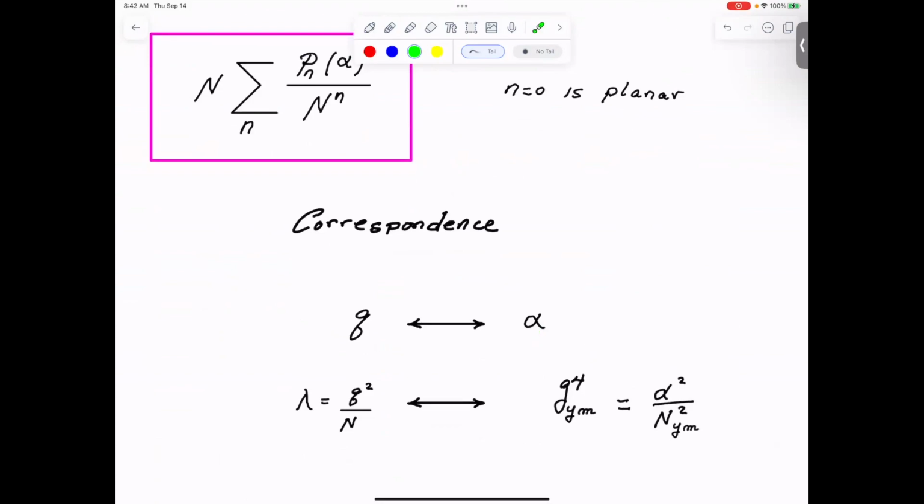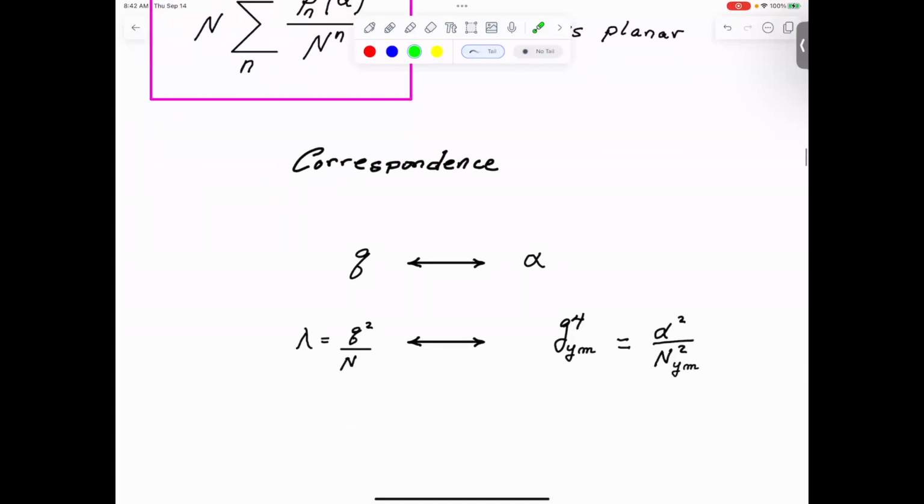Lambda, which is Q squared over N in the SYK system, is very much like g Yang-Mills to the fourth, which is equal to alpha squared over N Yang-Mills squared. If I took the square root of this, it would be g Yang-Mills squared is equal to alpha over N Yang-Mills.